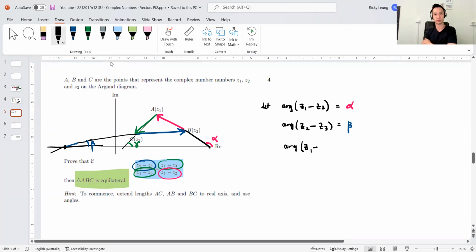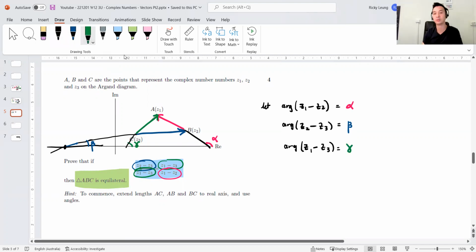Did I get the ordering right? The green one should be pointing backwards, this way. Extend that a bit. And that equals gamma.